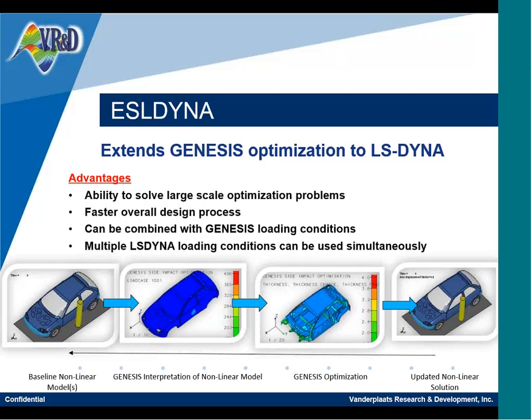Pretty much any optimization that you can do with Genesis, you should be able to do with ESL Dyna coupled with LS Dyna. And it will give you an overall faster design process wherein the computational time is significantly lesser compared to other tools out there.